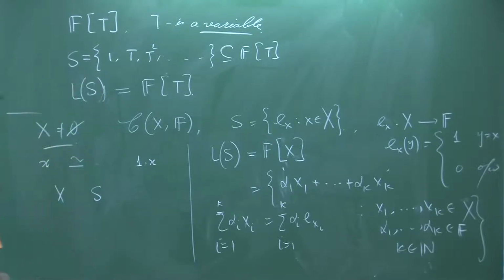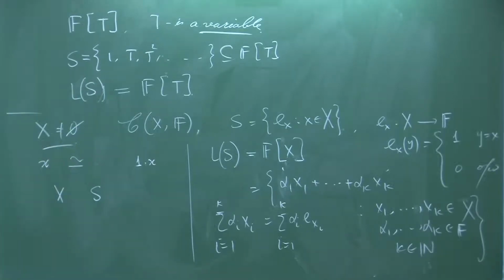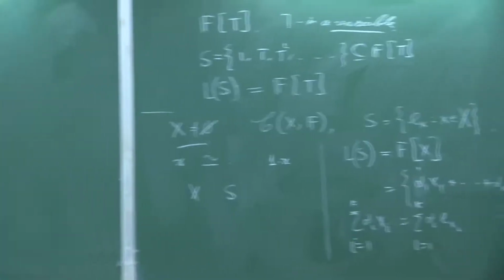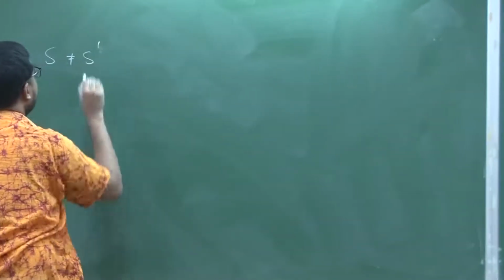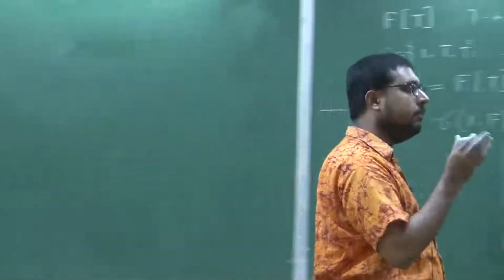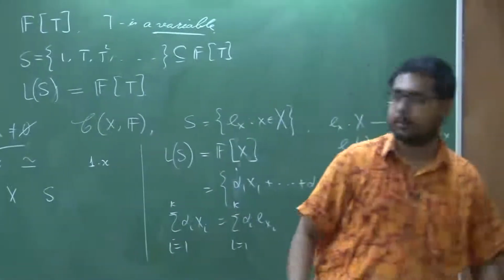We have seen this, and let me give one more example that is also very interesting and important. Given any vector space, two different subsets can span the same subspace.